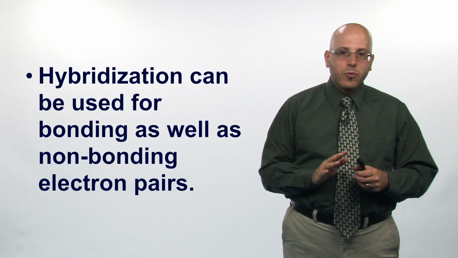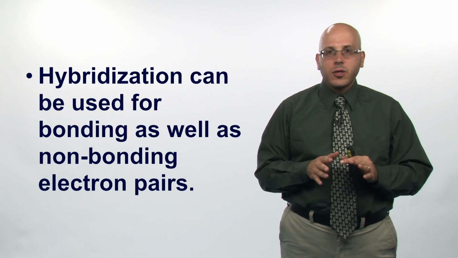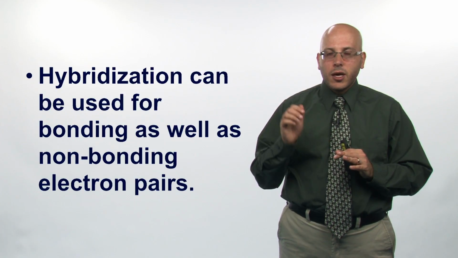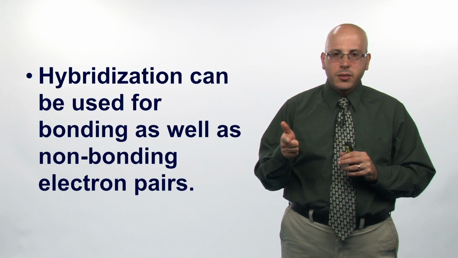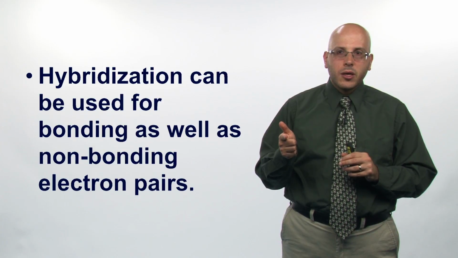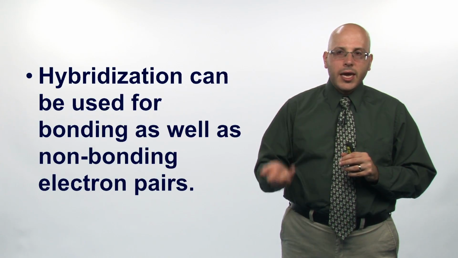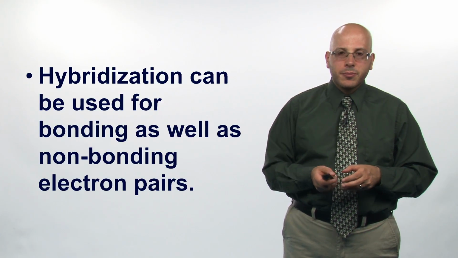And I can make hybrid orbitals using atomic orbitals any way I want, as long as I satisfy two conditions. The first is that the total number of orbitals has to stay the same. And the second is that the total energy of the system stays constant. As far as we're concerned, we can use hybridization for both bonding pairs and also for non-bonding electron pairs.